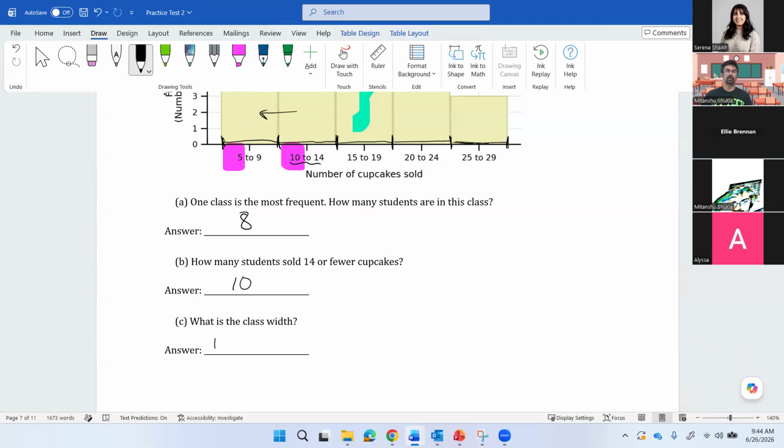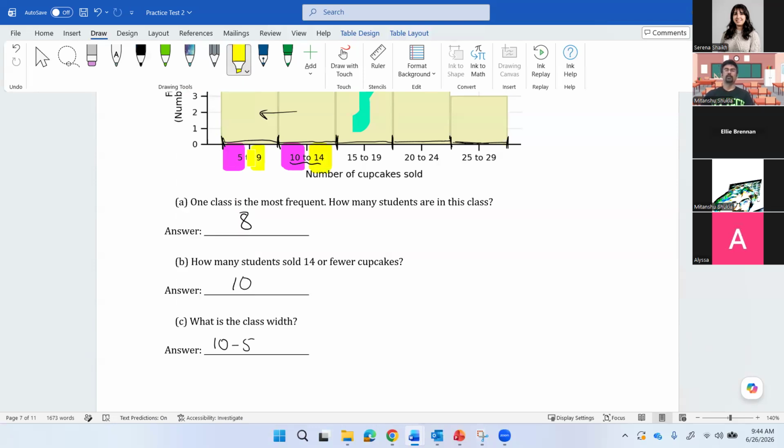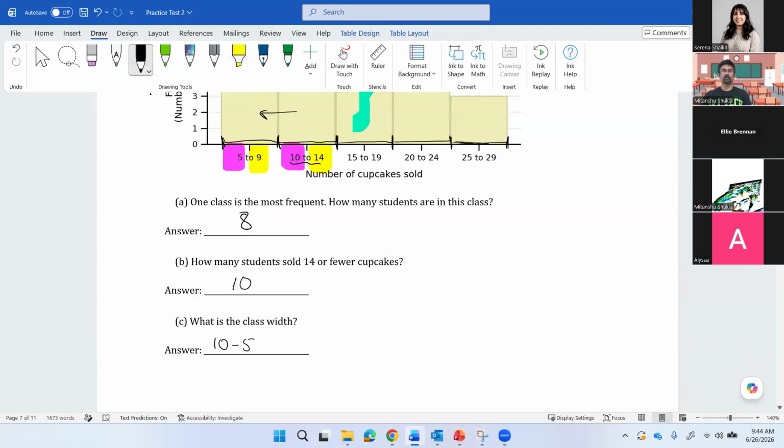So we can either do a 10 minus a 5, or we can do the end of one minus the end of the previous. We could do 14 minus 9. Either way, what's our answer? 5. Very good, right? So I don't care which way you do it. Just remember it's either end minus the before end or beginning minus the before beginning.